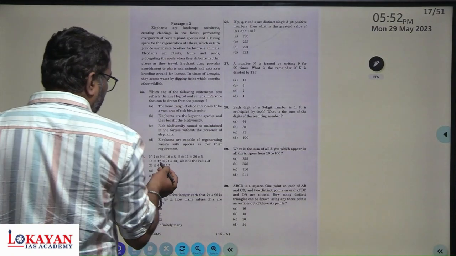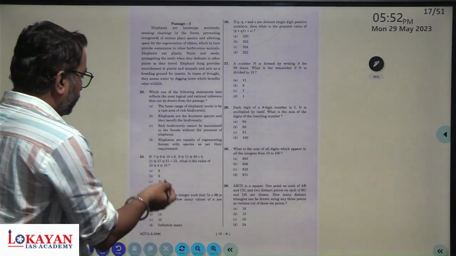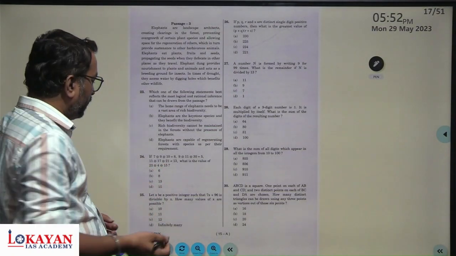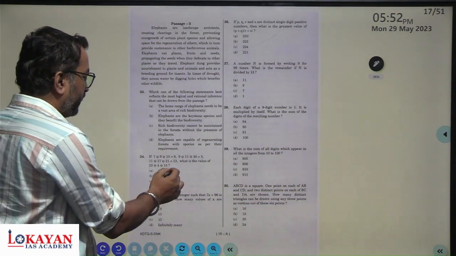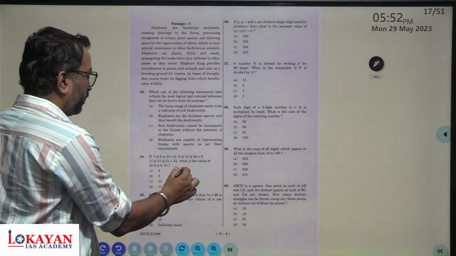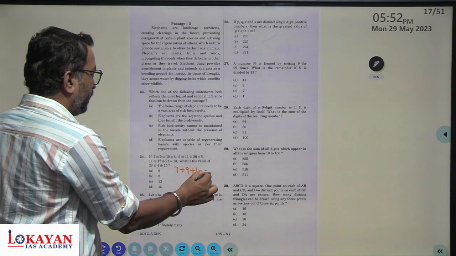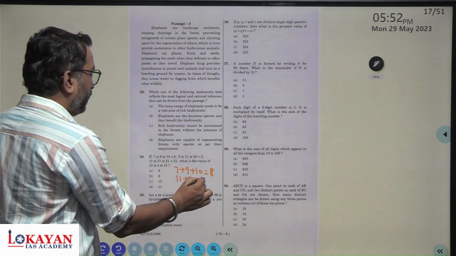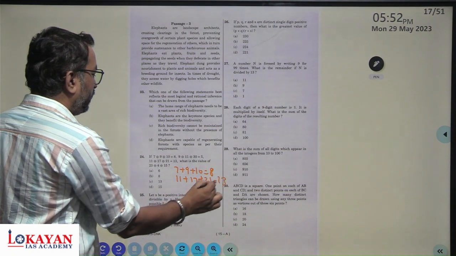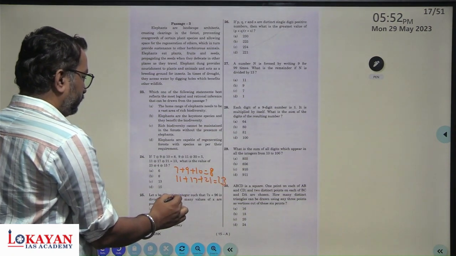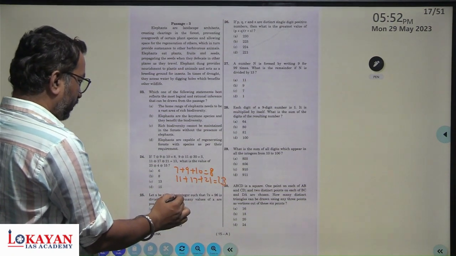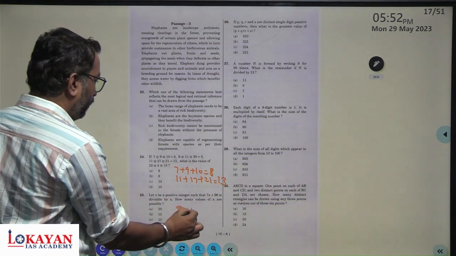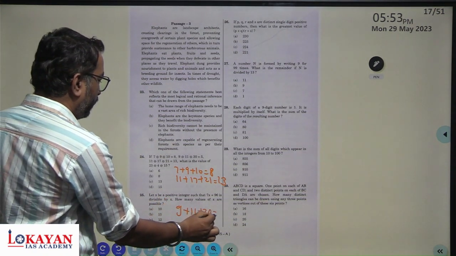See, 7 plus, now this is not a sign of plus or addition, but let's consider it as plus. So 7 plus 9 plus 10 is equal to 8. 11 plus 17 plus 21 is equal to 13. 9 plus 11 plus 30 is equal to 5.